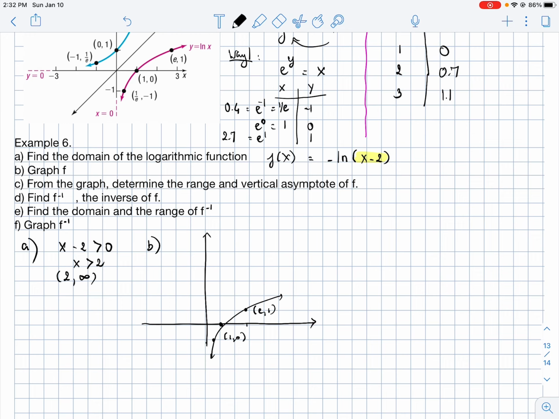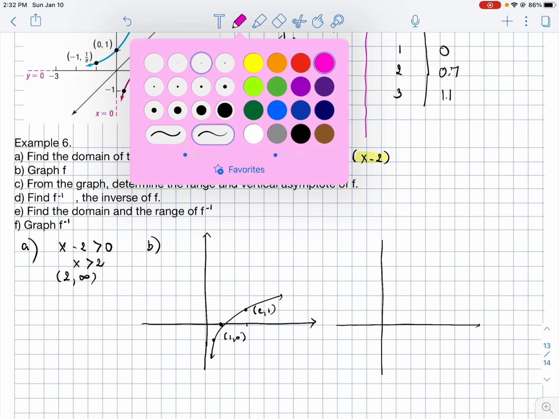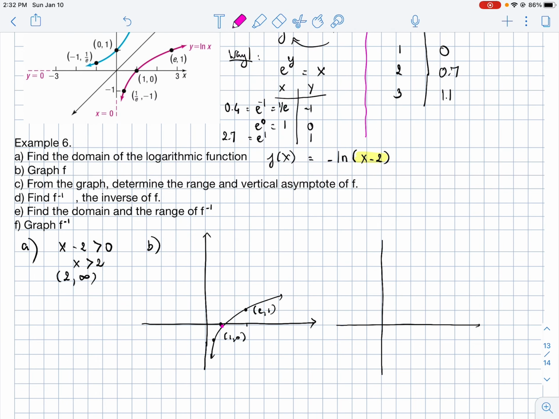So we have this is the log function. And in front of the log we have a minus. So minus, we will reflect this graph with respect to the x-axis. The point 1, 0 is the image of itself.